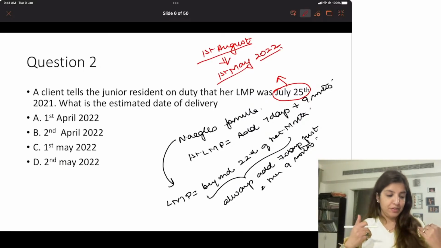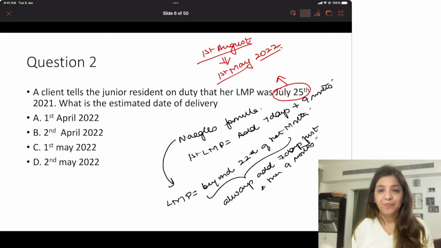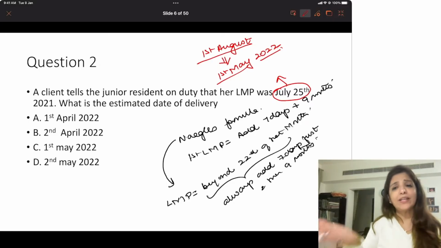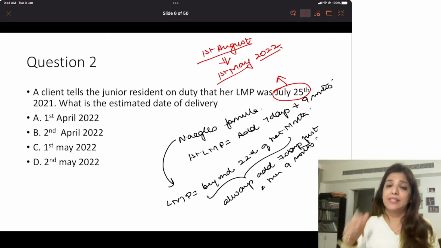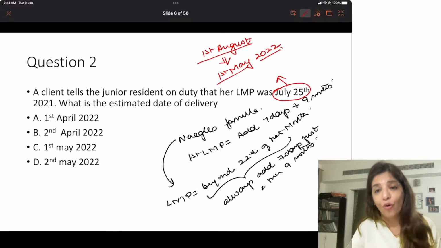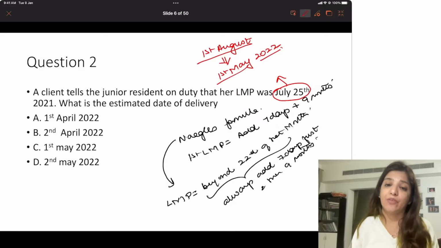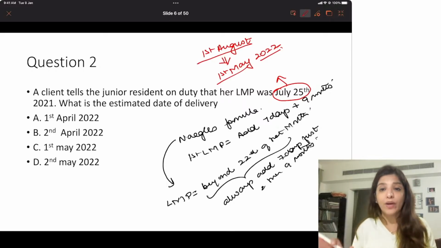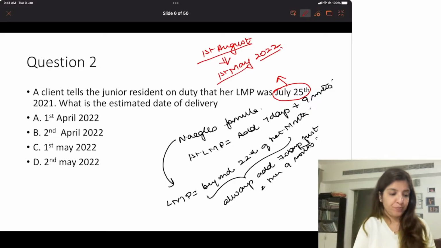Right? Clear? Okay. Some find it easier to calculate backwards. I find it easier to calculate forwards, and that avoids any confusions, that avoids any mistakes. Clear? Okay, all of you. So over here, what is the answer? Your answer is 1st May 2022.